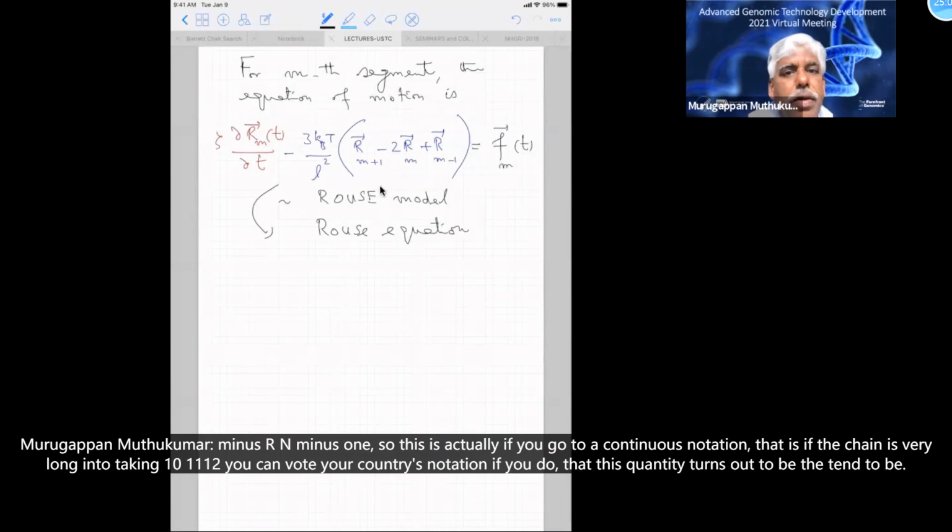If you go to a continuous notation, that is, if the chain is very long, instead of taking 10, 11, 12, you can go to a continuous notation.